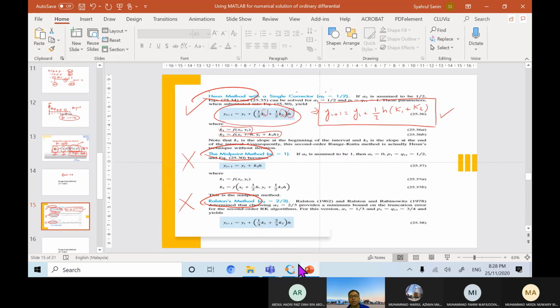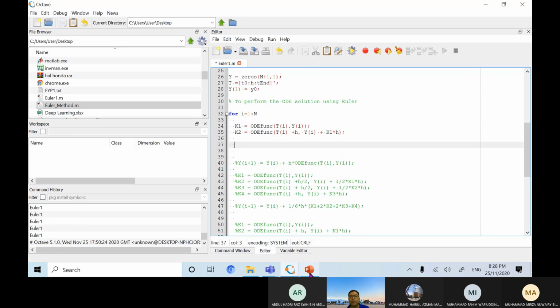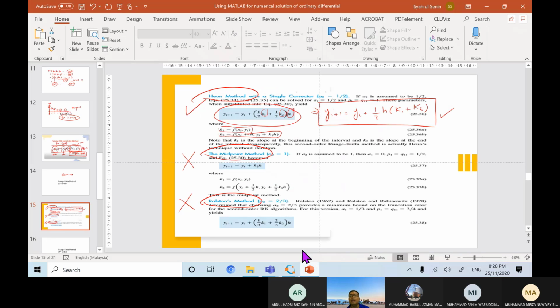YI plus K1H. YI plus K1, so the half is not there, times H. And the formula of my YI plus 1 is equal to YI plus half H times K1 plus K2.